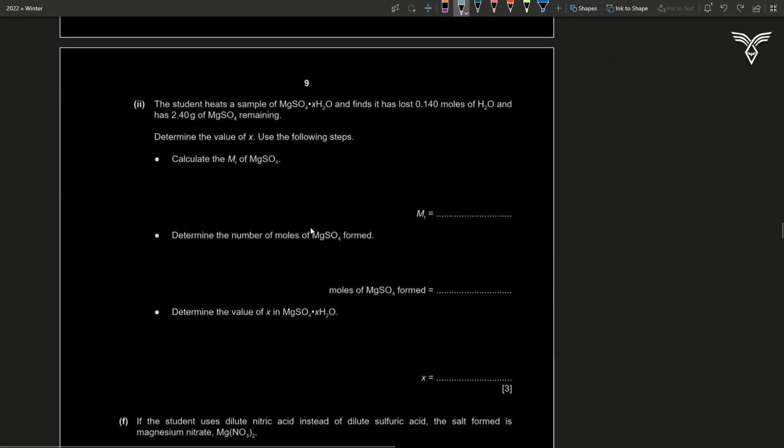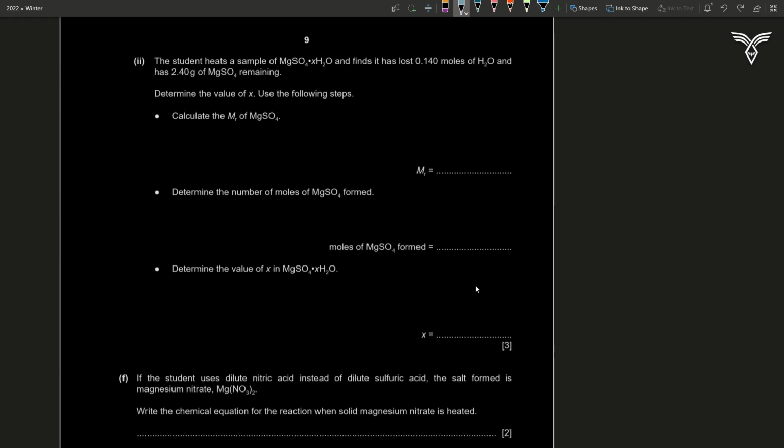Part 2, another stoichiometry question in which he is giving you steps, so you don't have to figure it out yourself. The student heats a sample of hydrated magnesium sulfate. It has lost 0.14 moles of H2O and has 2.4 grams of MgSO4 remaining. Calculate the Mr of MgSO4. We get it from the periodic table.